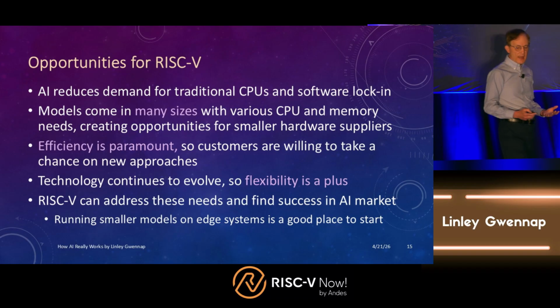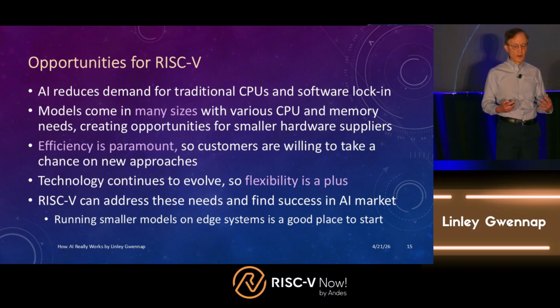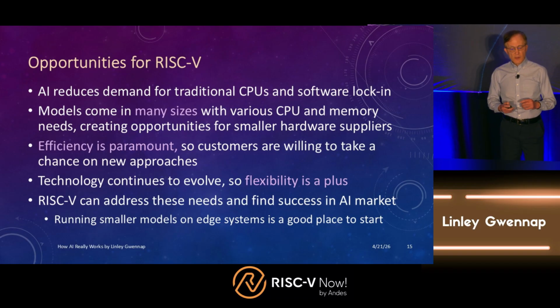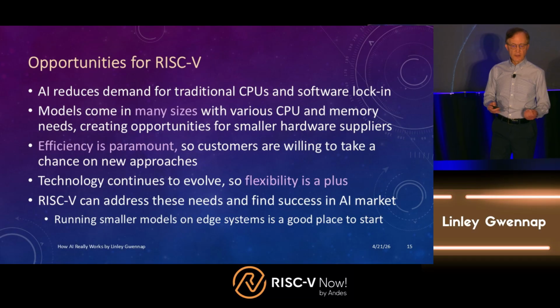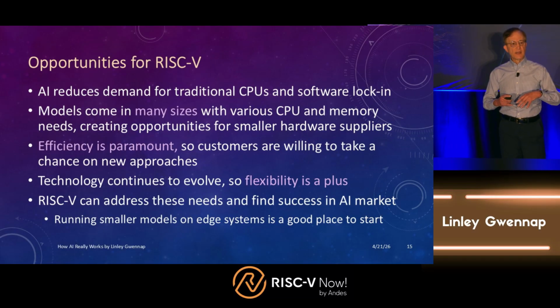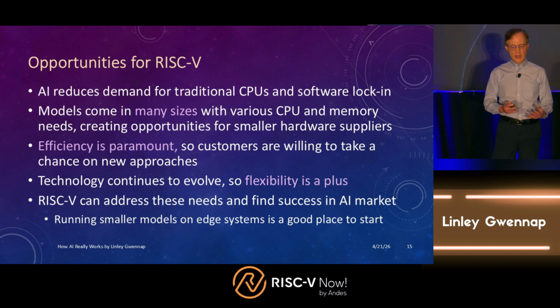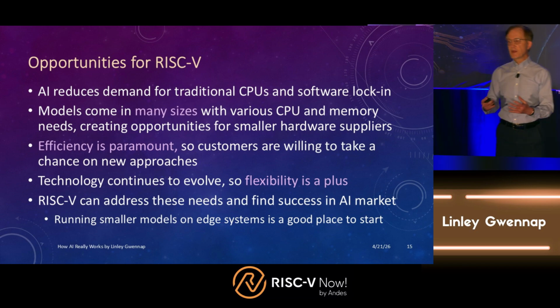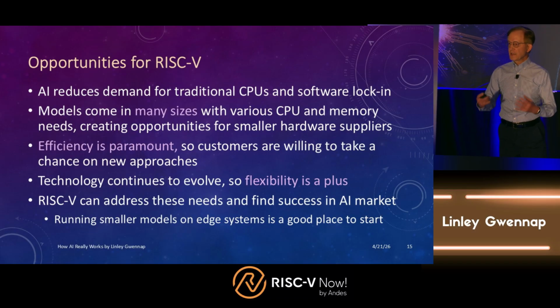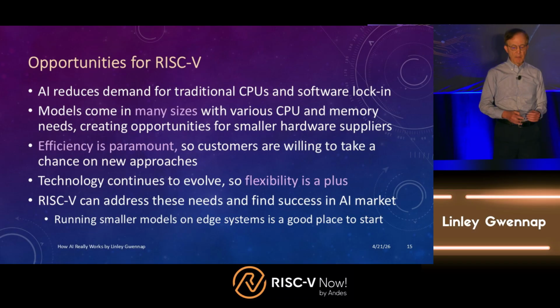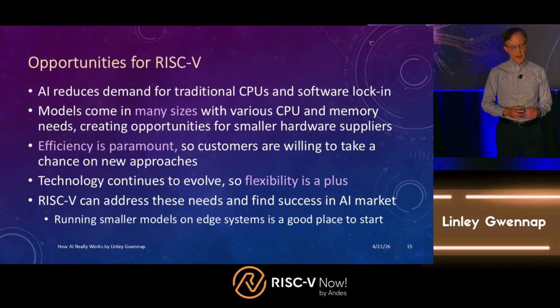I think any architecture can fill that role, and the efficiency, as I mentioned, is really paramount. So I think the challenge for RISC-V vendors here is to bring the efficiency of RISC-V, the flexibility of RISC-V in the instruction set, and use that to more efficiently execute AI models in the hardware.